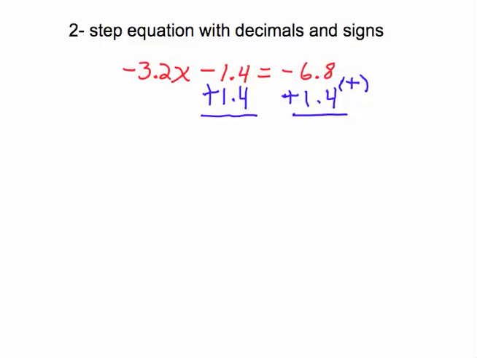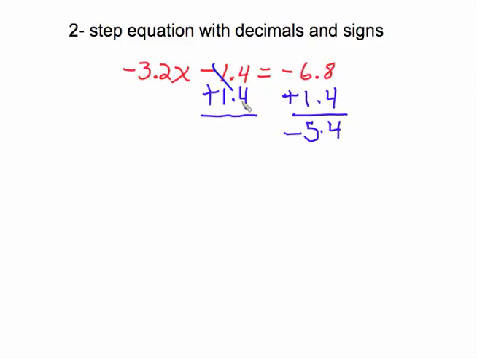So I want to make sure that you understand that the actual operation is going to be subtraction. And then you're going to keep the sign of the larger absolute value, which is negative, because 6.8 is a larger absolute value than 1.4. So we know this is going to be a negative answer, and we have to subtract because the signs are different. 8 minus 4 is 4, and 6 minus 1 is 5. So what we get here is negative 5.4.